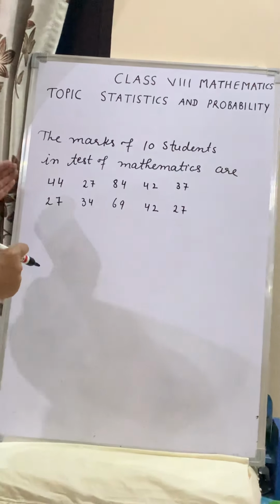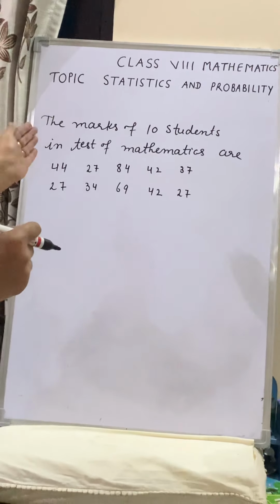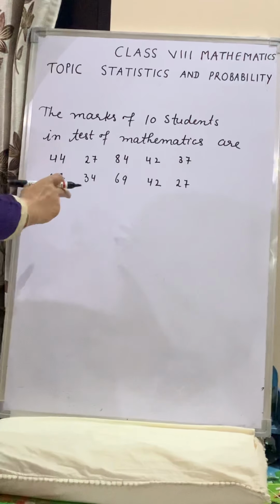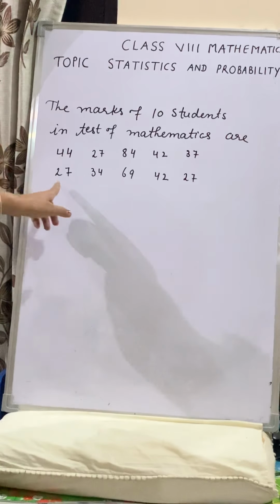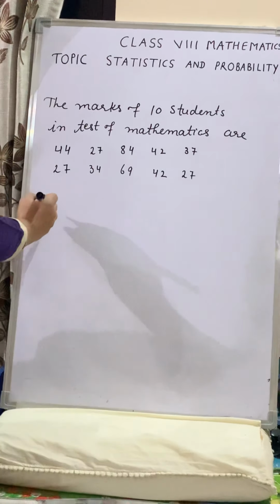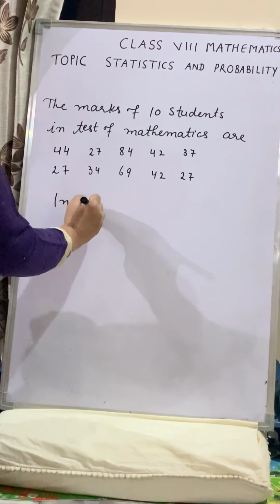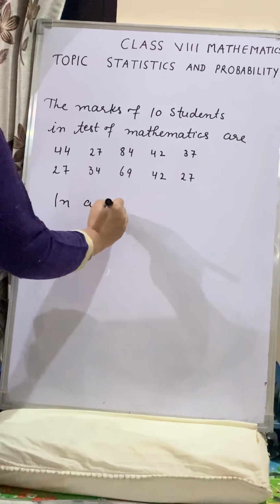And how will we represent these numbers? First of all, we will write these numbers in ascending order. You can write ascending order or descending order.